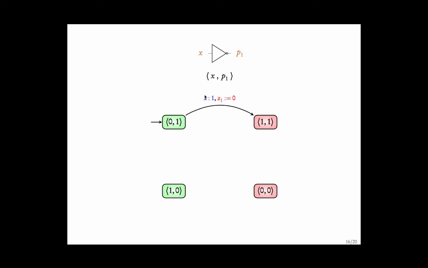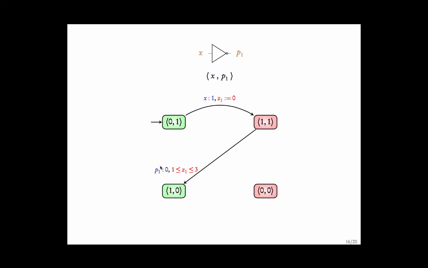Suppose X becomes 1. So this is the signal that X is becoming 1. The value of X should change to 1 and it should stay in this unstable state for at least 1 time unit. And how do we take care of this? We set a clock Z1 to 0 during this transition, and we allow the next transition to be taken only when the value of Z1 is bigger than or equal to 1 and at most 3. And what is this transition? This transition is setting P1 to 0.